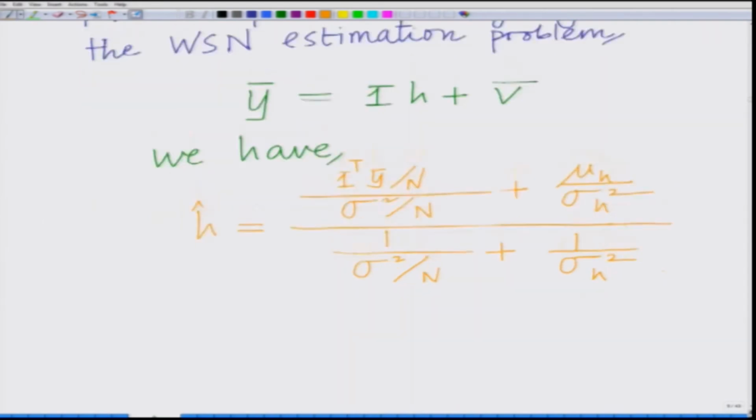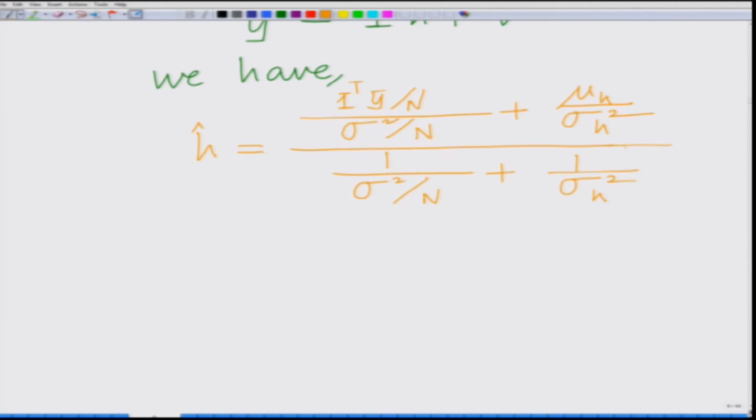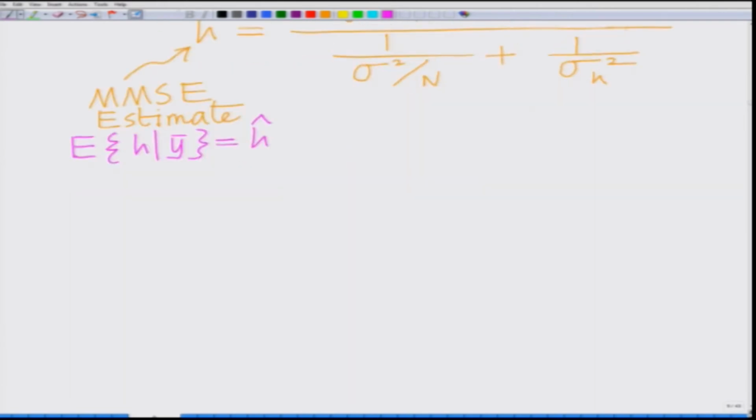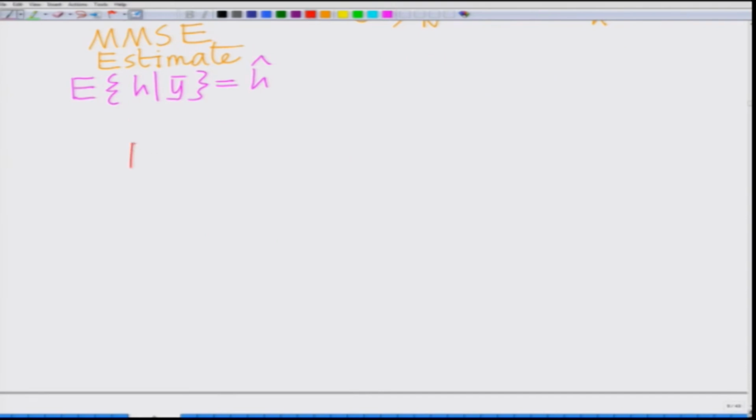This is the MMSE estimate, and this is also the posterior mean, that is the expected value of h given y bar. And further, if you look at the variance, that is the mean squared error, in this case it is nothing but the variance of the posterior, the expected value of h hat minus h whole square.